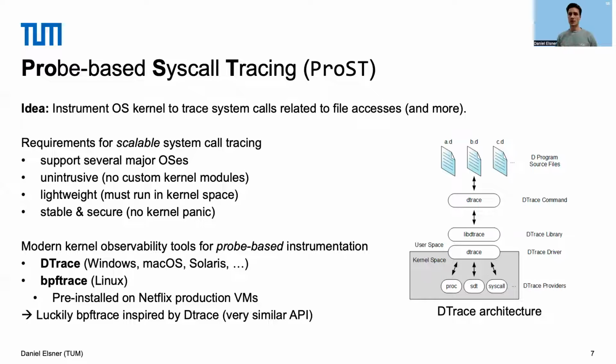And these are all observability tools that have been used over years in production environments at Netflix, at Facebook, and therefore they're really efficient. And luckily, bpftrace uses a very similar API to dtrace, and therefore when we build a tool that's based on those technologies, we can really reuse parts of the ideas, at least, to implement both or to use them for different environments, for different operating systems.